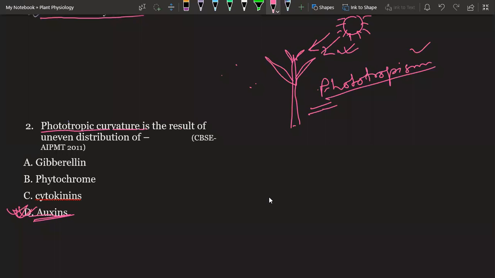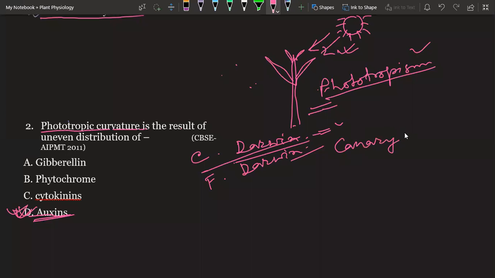You know that Charles Darwin, whom we know more popularly for evolution, and his son, Francis Darwin, were carrying out one experiment on canary grass coleoptile.